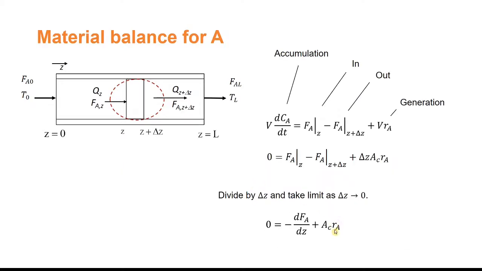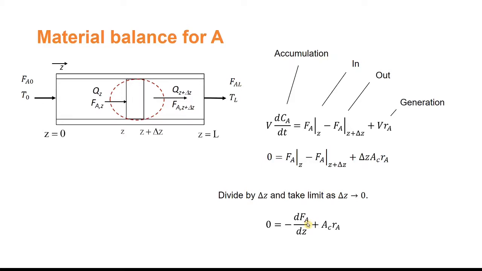Because the rate expression is given in terms of X, it is also convenient to write our material balance in terms of X. We can do that by writing FA in terms of FA0 and the conversion.